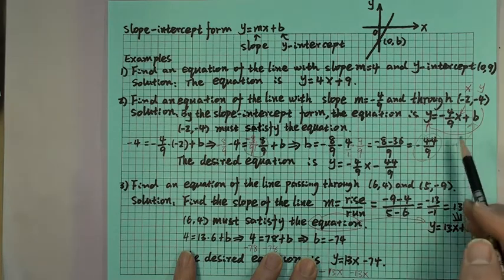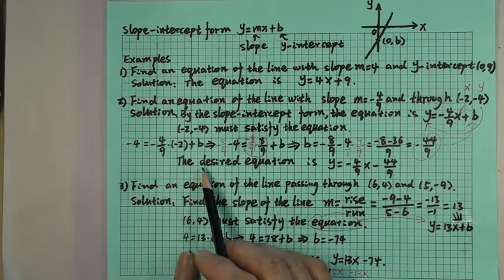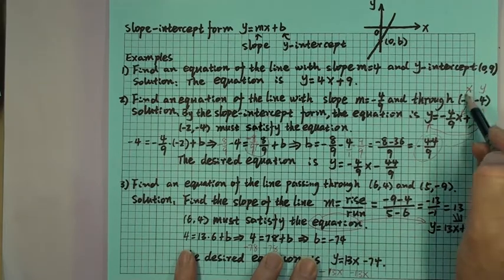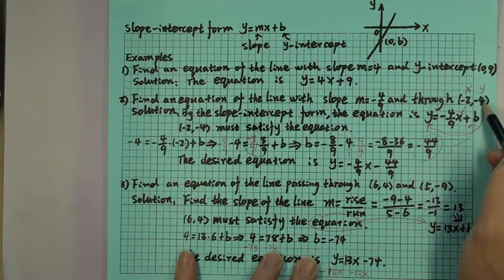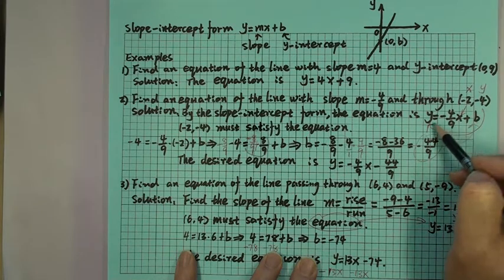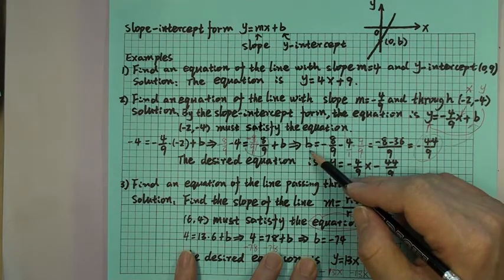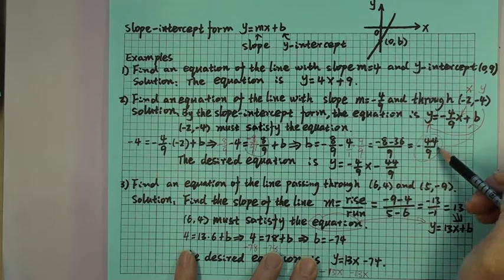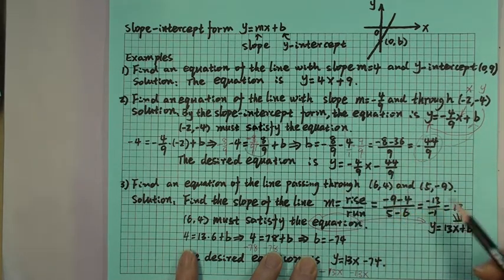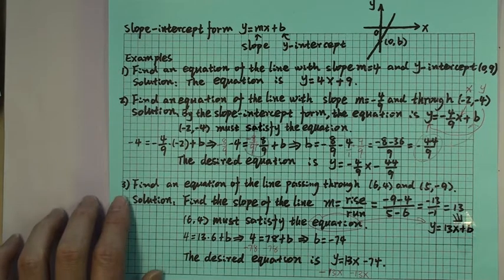Okay, so this one, we are not given the intercept. Then we put the point into the equation to solve for b. Once we get b, we are done. We put it back. We have the equation. Okay. Now, let's look at example 3.